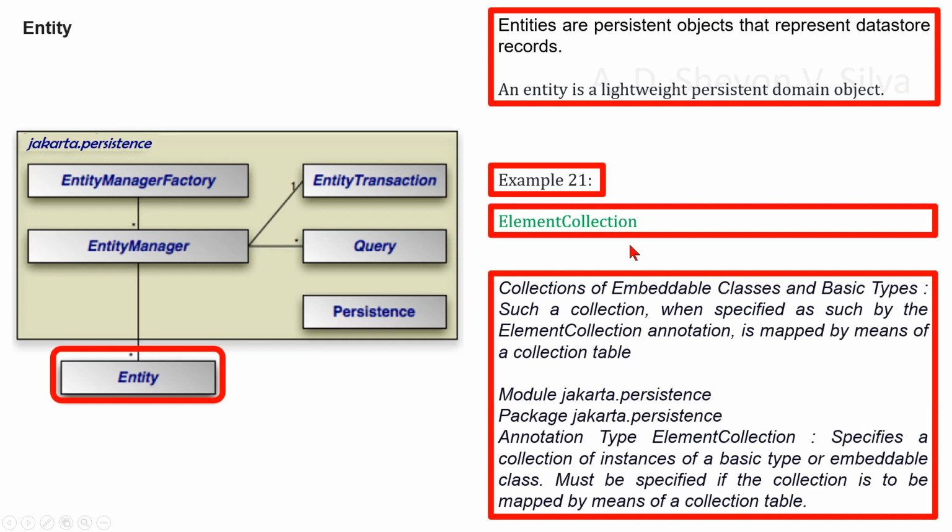A persistent field or property of an entity or embeddable class may correspond to a collection of a basic type or embeddable class, an element collection. Such a collection, when specified as such by the ElementCollection annotation, is mapped by means of a collection table. If the ElementCollection annotation or XML equivalent is not specified for the collection-valued field or property, the rules in the documentation apply.